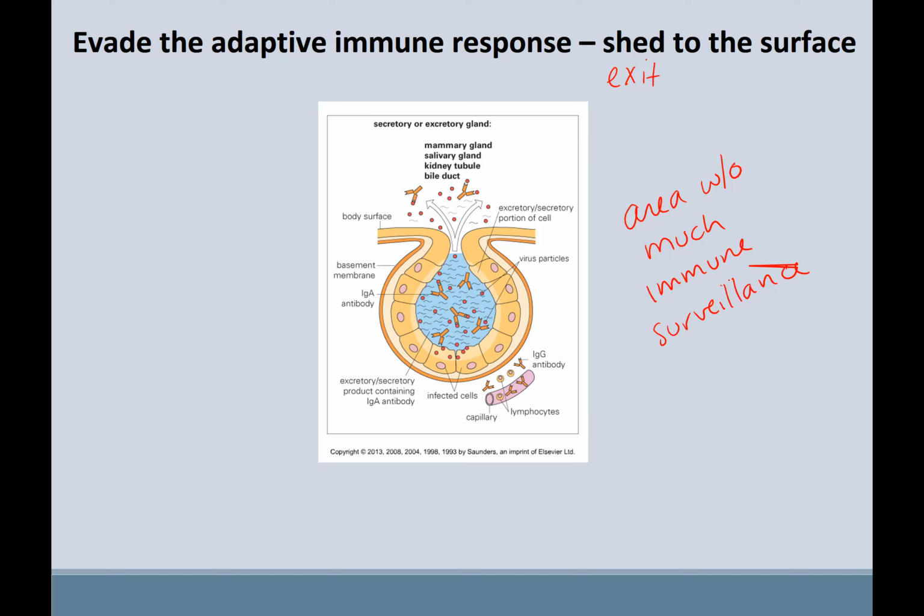Macrophages are going there looking for foreign objects or things that are identical to the B cell or T cell receptors. And so if you're shedding in a place where maybe you just have to deal with antibody, such as a gland or a duct, then you're going to be able to evade that massive immune response and produce much more pathogen.